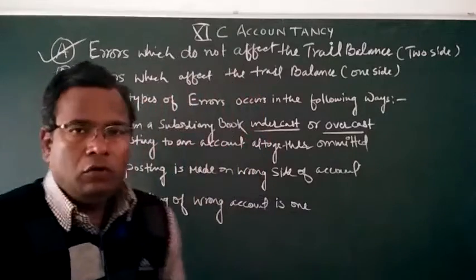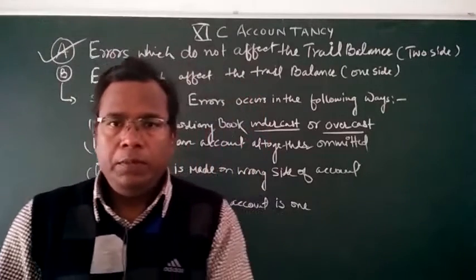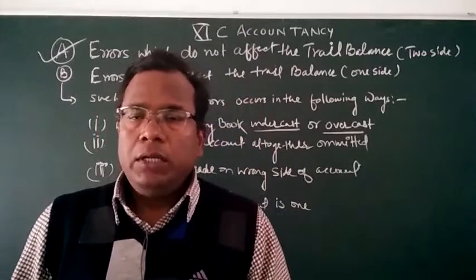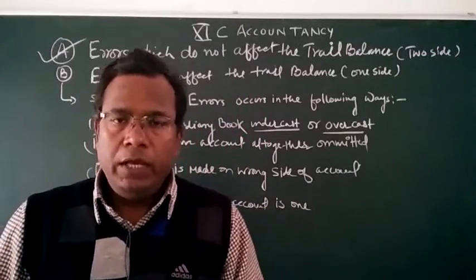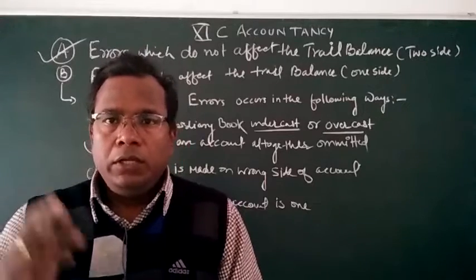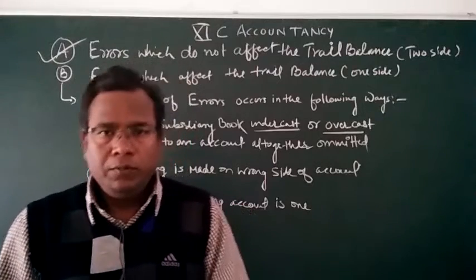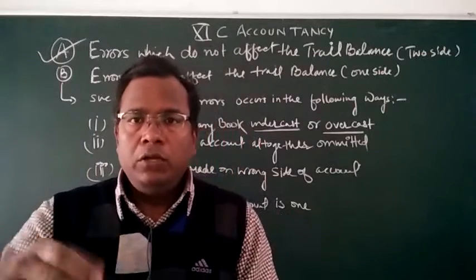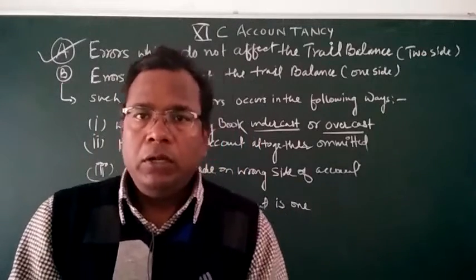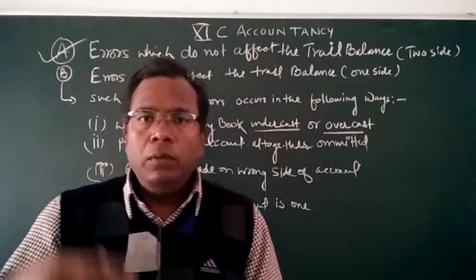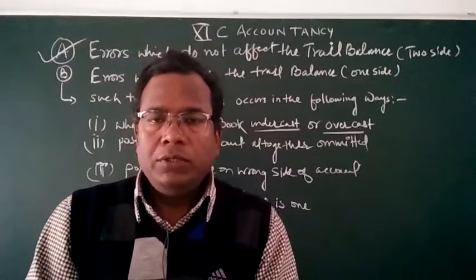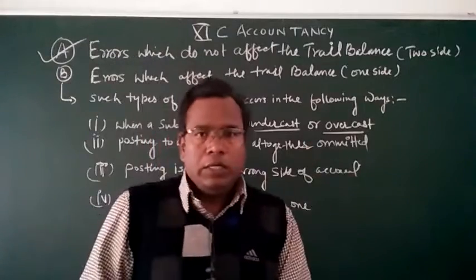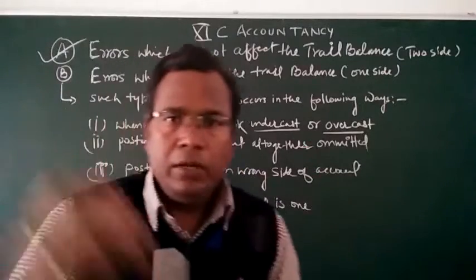And what is meant by overcast? Overcast means you have entered an amount which is more, or in excess, of the actual figure. Suppose you had to record 11,000, but you entered 12,000 or 14,000, or any amount more than the actual amount. What do we call that? Overcasting. Overcasting means you have recorded in excess.